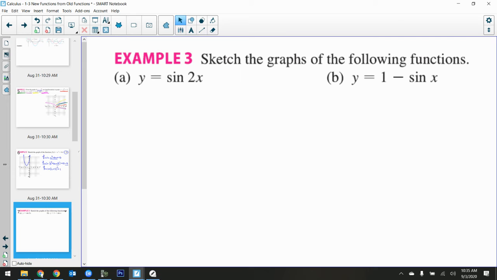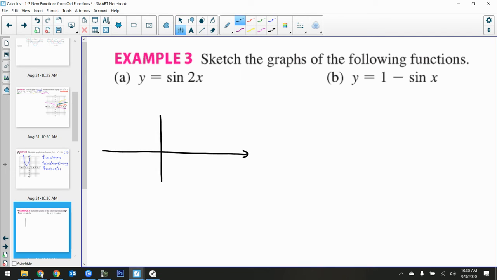Okay. So I am going to create myself kind of a wide axis here. I'm going to write the parent in, which is sine x. Starting at 0, 0, and then it will continue, right?